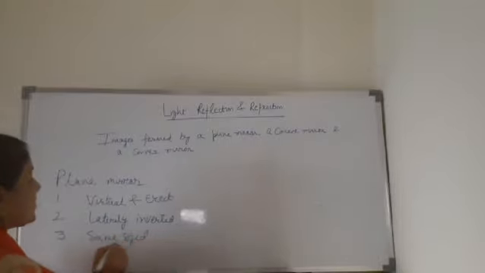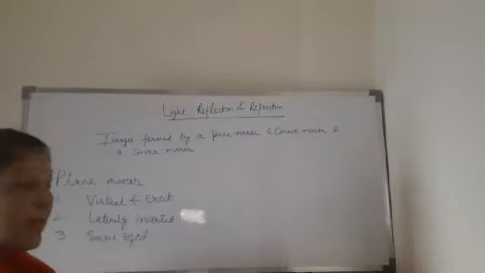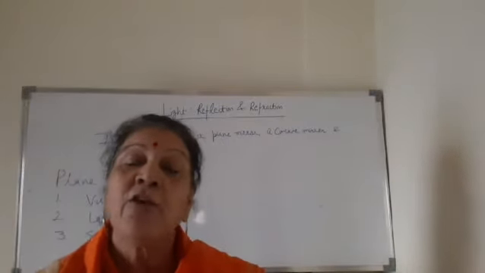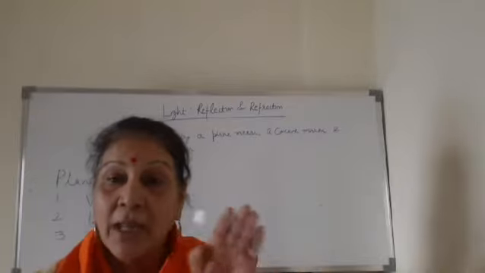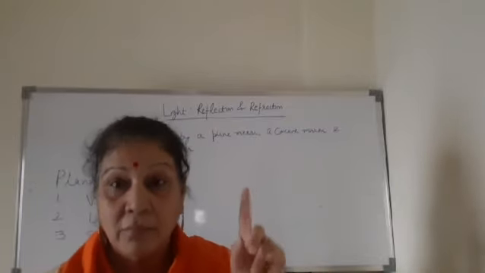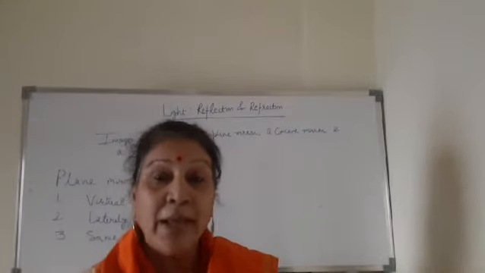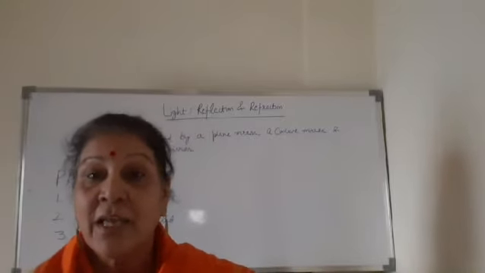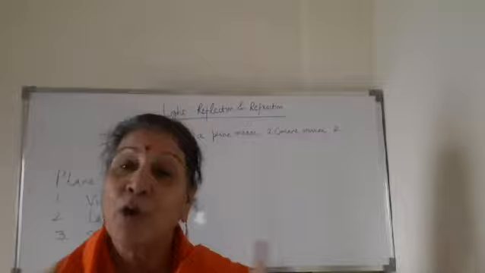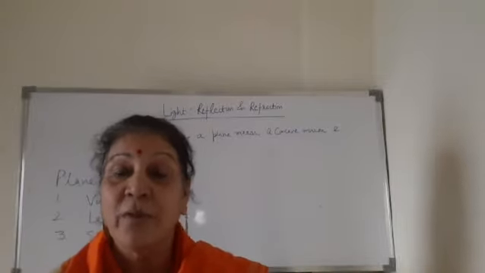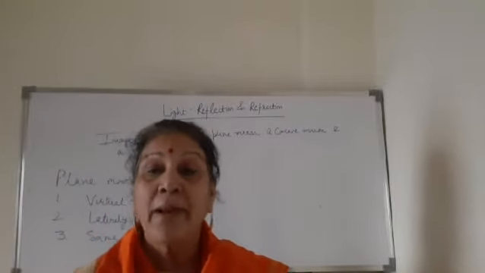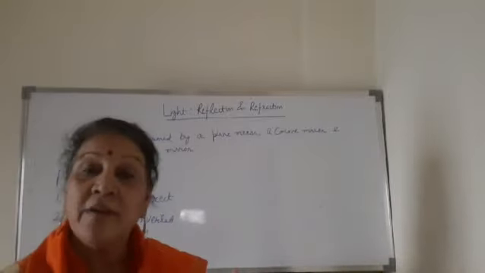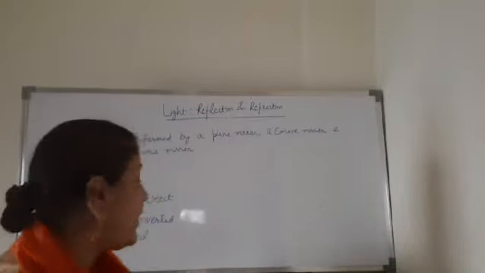If I am looking at myself in a plane mirror, the height of my image will be the same. It's not like I'll be shorter or taller. I'm talking about a plane mirror. You may have seen a combination of mirrors in an amusement park and all. I'm not talking about those, but a regular plane mirror always forms the image which is of same size as the object.